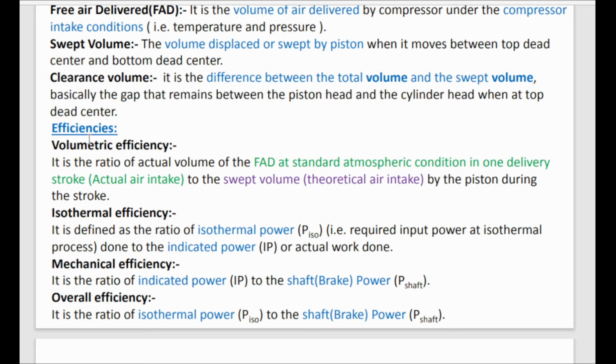So we cannot make it completely zero, and there will be some volume left behind before moving into the collecting tank, and that is the clearance volume. Now this clearance volume plus the swept volume is the total volume. So you can simply say that the clearance volume is the total volume minus the swept volume.